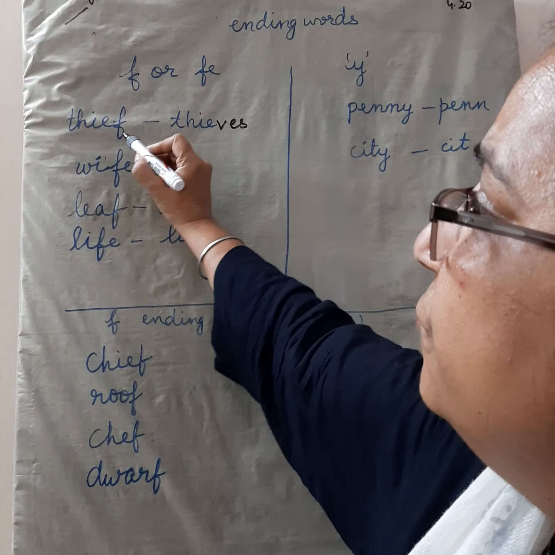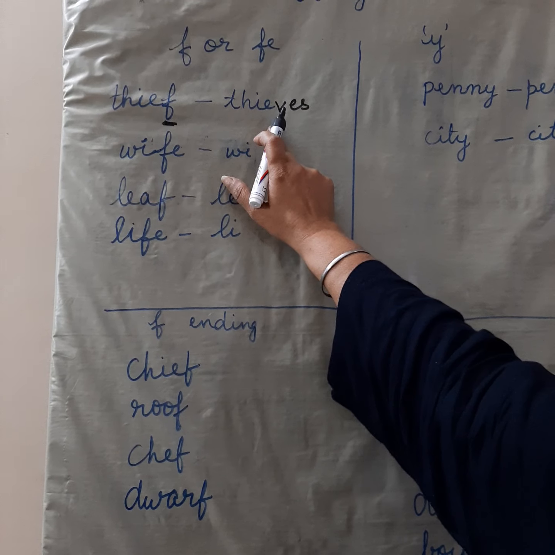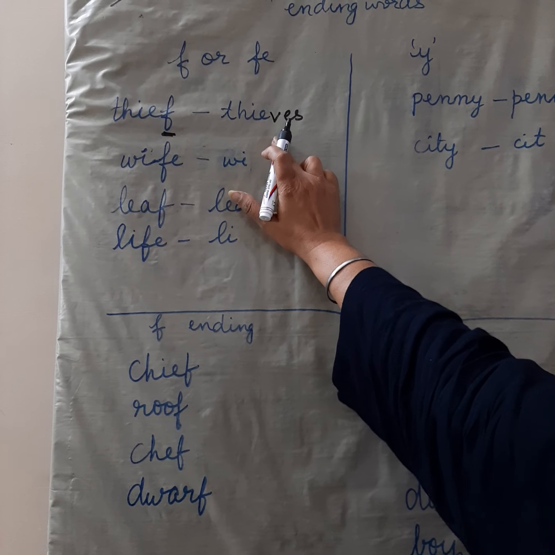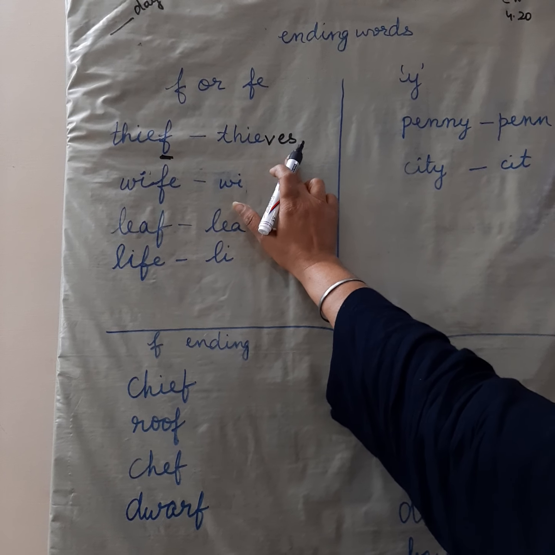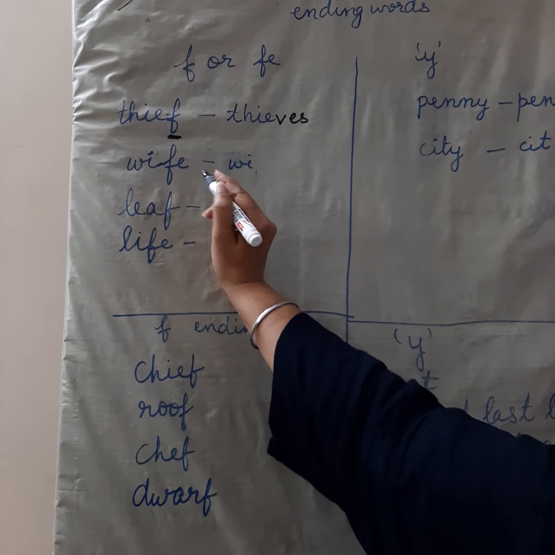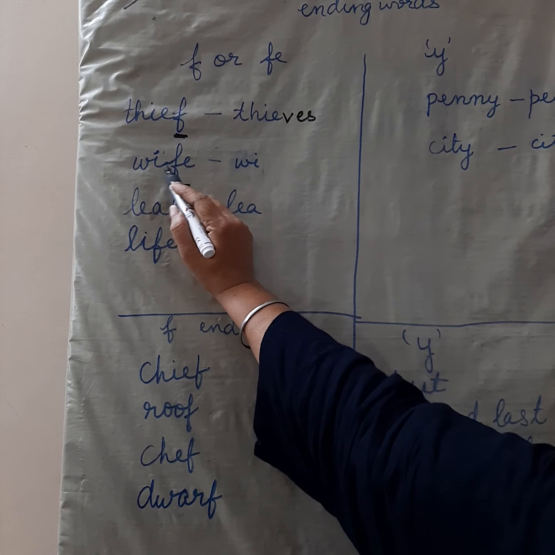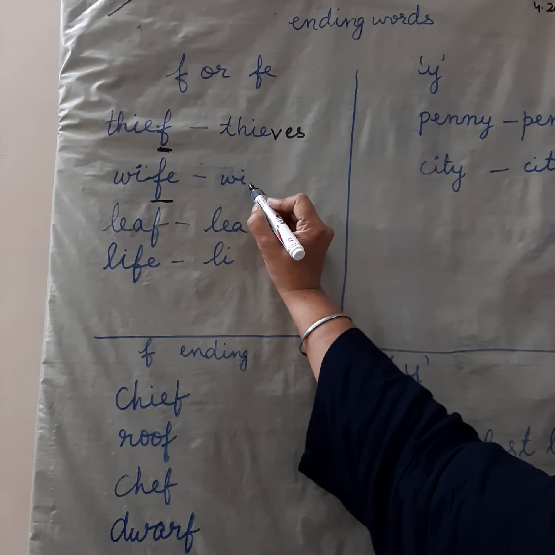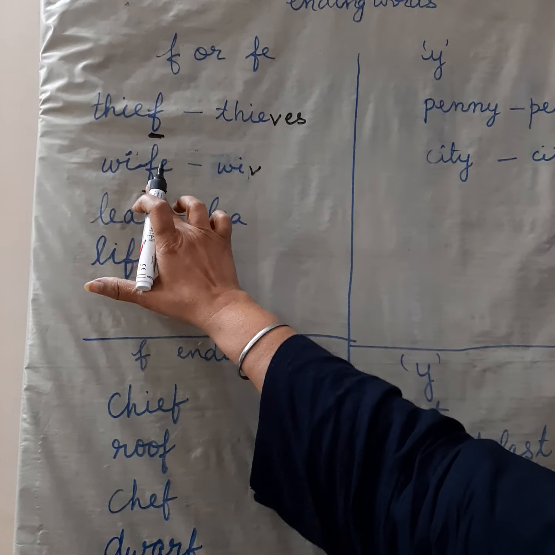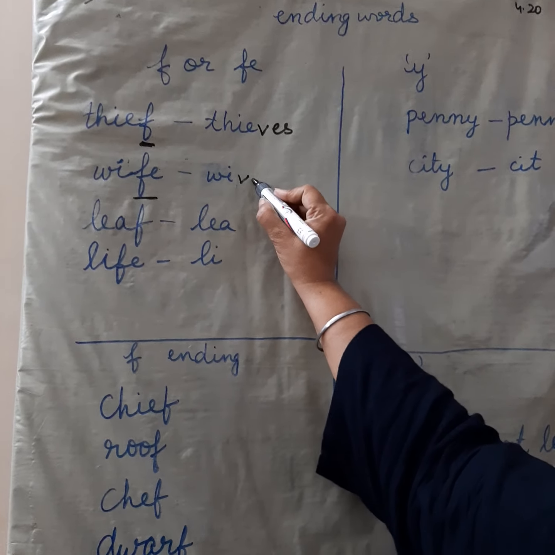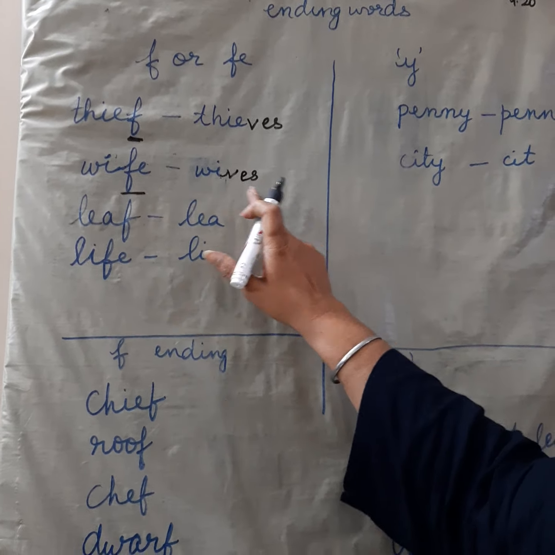That means we remove this last letter F and in place of F we write VES. Same, this word wife is ending with FE. So to make it plural, we will replace this FE with VES, which will give you wives.